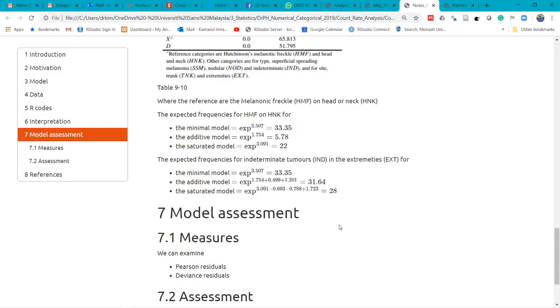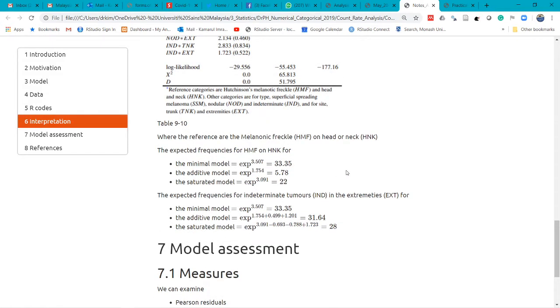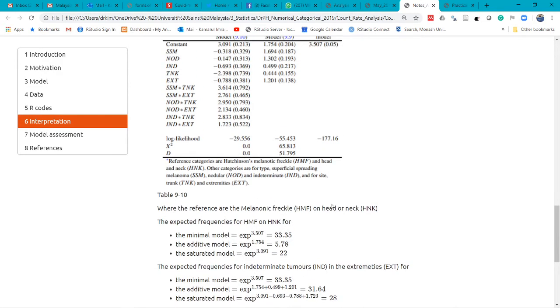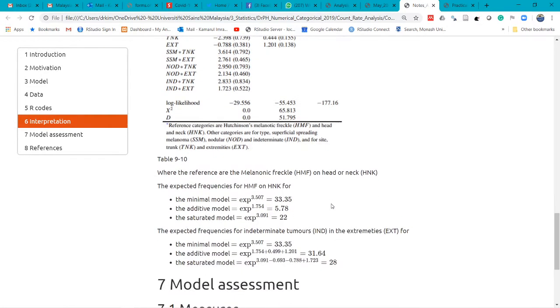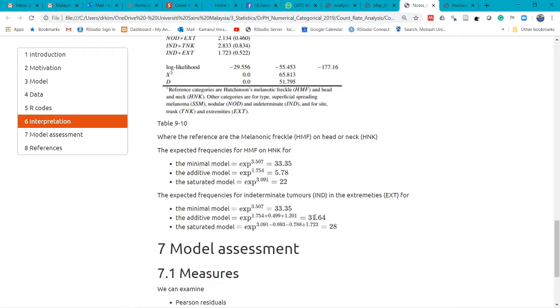For the expected frequencies of indeterminate tumors or IND in the extremities, then again you have to look here. So let me check if I got this right. Indeterminate, let me check about the minimal model.